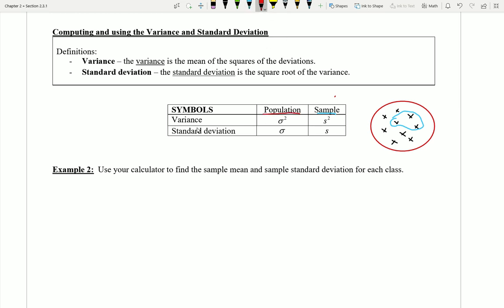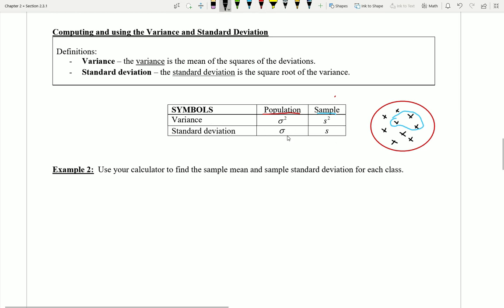Both of these values measure spread. We'll see how in just a moment. But notice that we have s squared and little s to stand for variance and standard deviation for a sample. Notice that the definition of standard deviation is that it's the square root of the variance, or if you reverse the order, that would mean that if I take my standard deviation value for a sample and square it, it becomes the variance value.